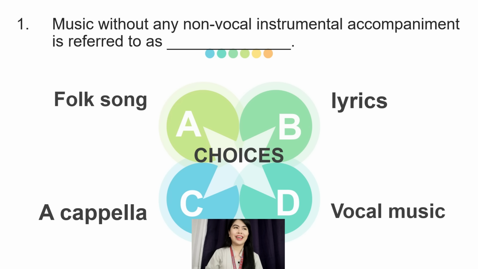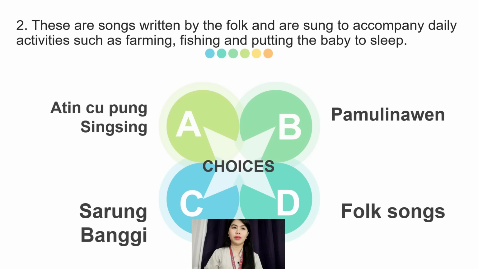Number 2. These are songs written by the folk and are sung to accompany daily activities such as farming, fishing, and putting the baby to sleep. A. Atin ko pong singsing, B. Pamulinawen, C. Sarong banggi, and D. Folk songs.